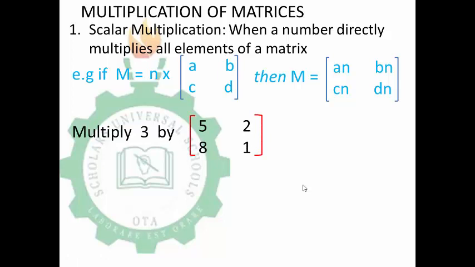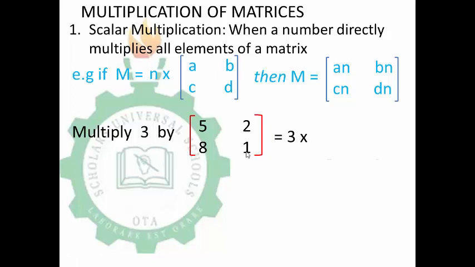For example, if we are asked to multiply 3 by the matrix 5, 2, 8, 1, then it means we have 3 times 5, 3 times 2, 3 times 8, 3 times 1. So let us see how it works.